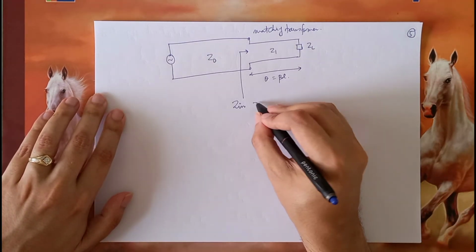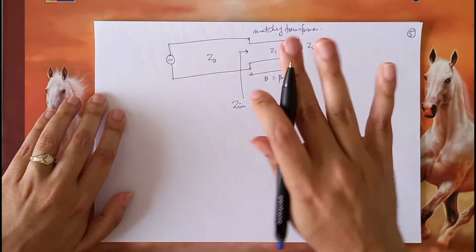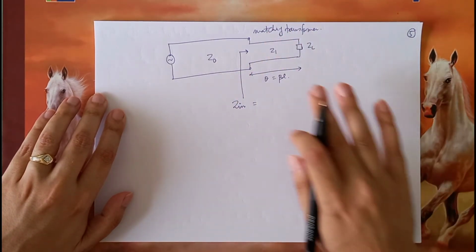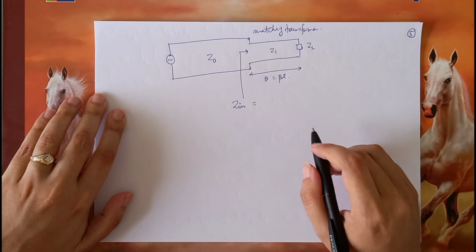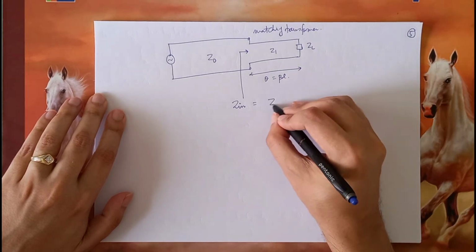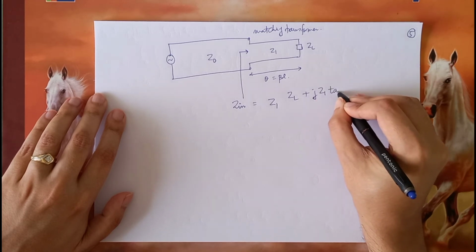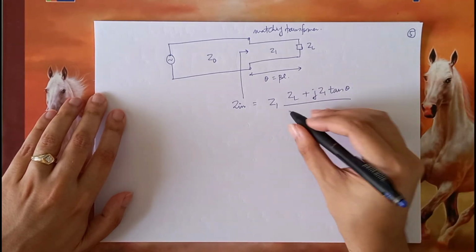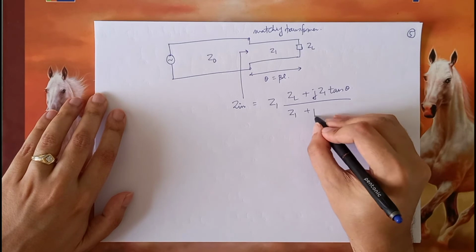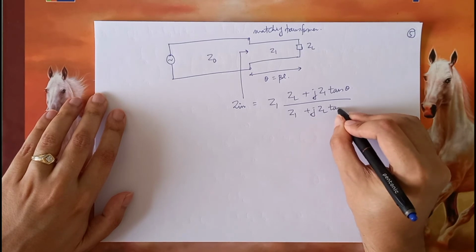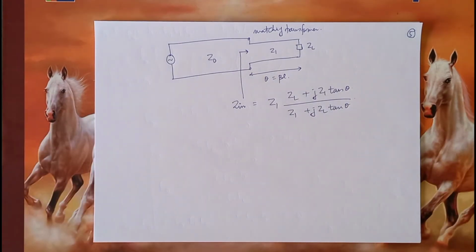We have proved this already without applying a specific value of theta. That is nothing but Z1 times (ZL plus jZ1 tan theta) divided by (Z1 plus jZL tan theta). Right?